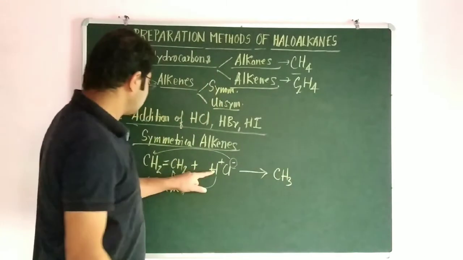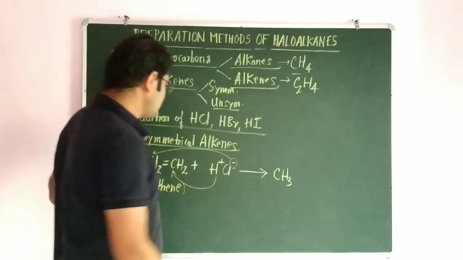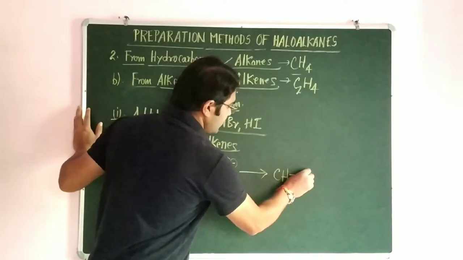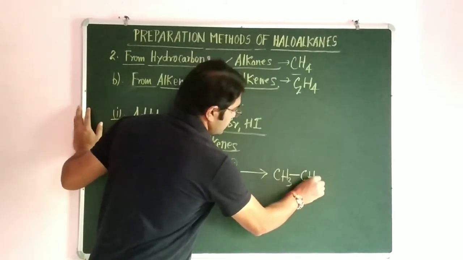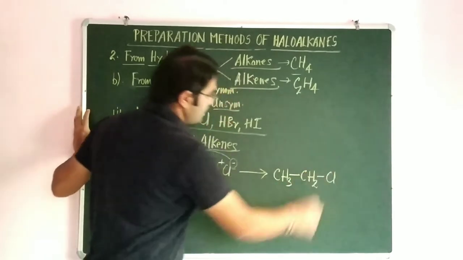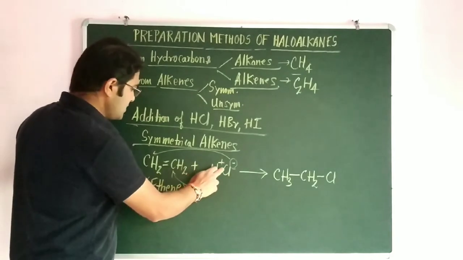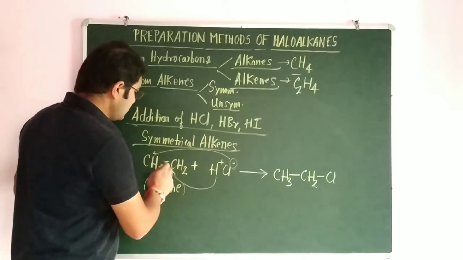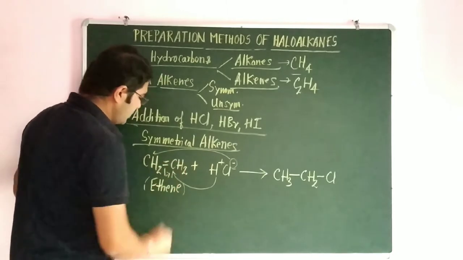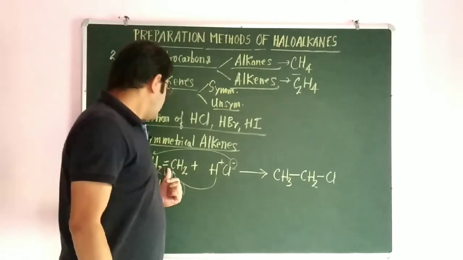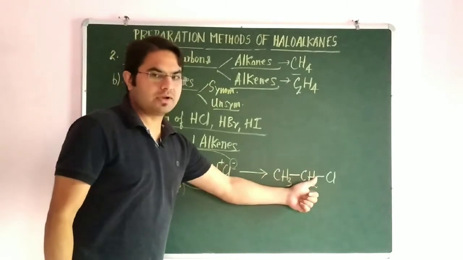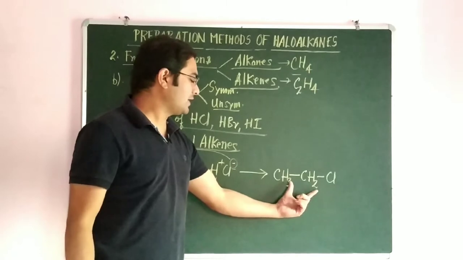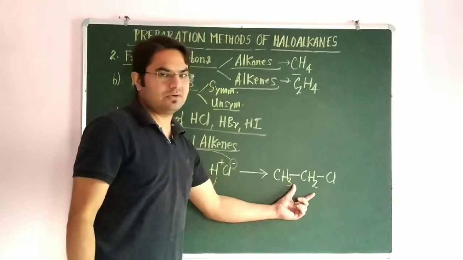CH2 becomes CH3 after addition, the double bond is split into a single bond, and this becomes CH3CH2Cl. One hydrogen is attached to one carbon atom and one Cl to the other carbon atom, and it forms a haloalkane, a primary haloalkane.